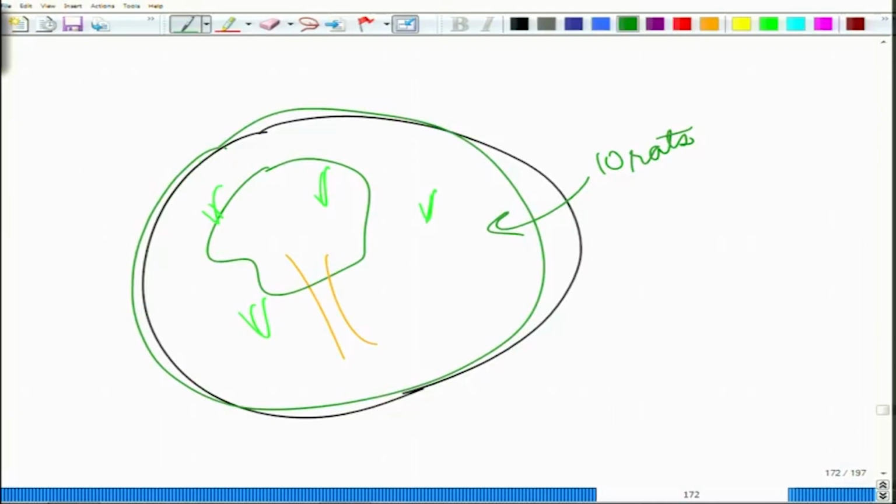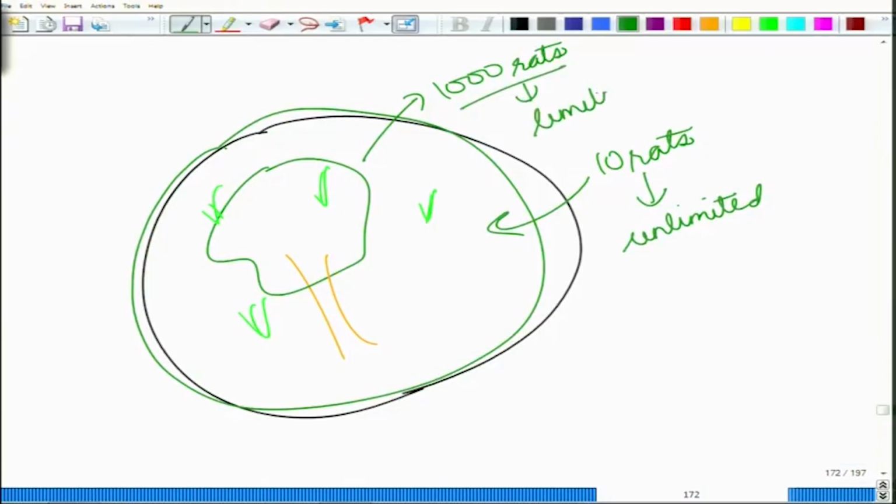Now, after their population has increased, and suppose now we have 1000 rats. So, in that case the resources that are available on this island will probably start becoming limiting for further population growth. So, earlier we had unlimited resources when we only had 10 rats, but in the case of 1000 rats, now the resources are getting limited.